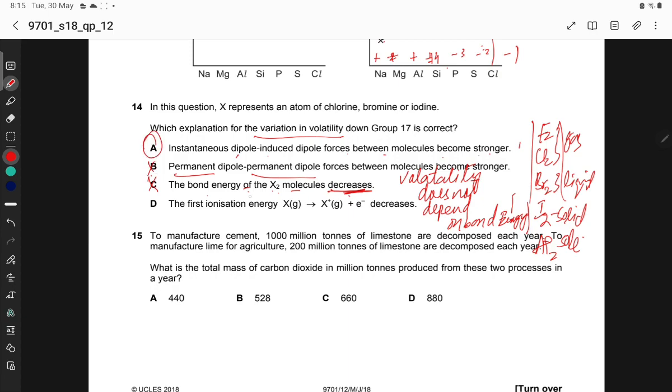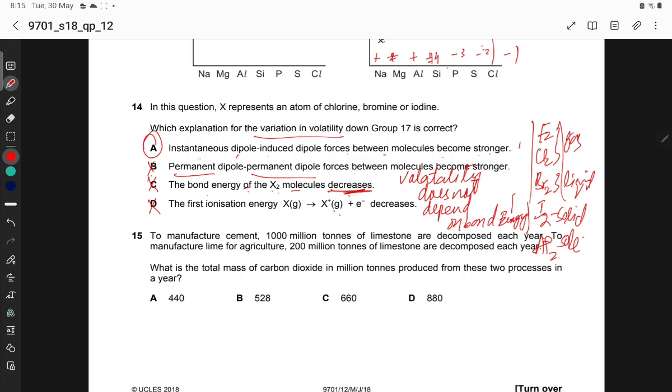A is the correct option. The first ionization energy, X to X plus plus an electron, decreases. This is also incorrect. The removing of an electron does not have anything to do with the intermolecular forces, so D is also incorrect, because the first ionization energy is for gaseous X forming positive ions, so volatility does not depend on it.